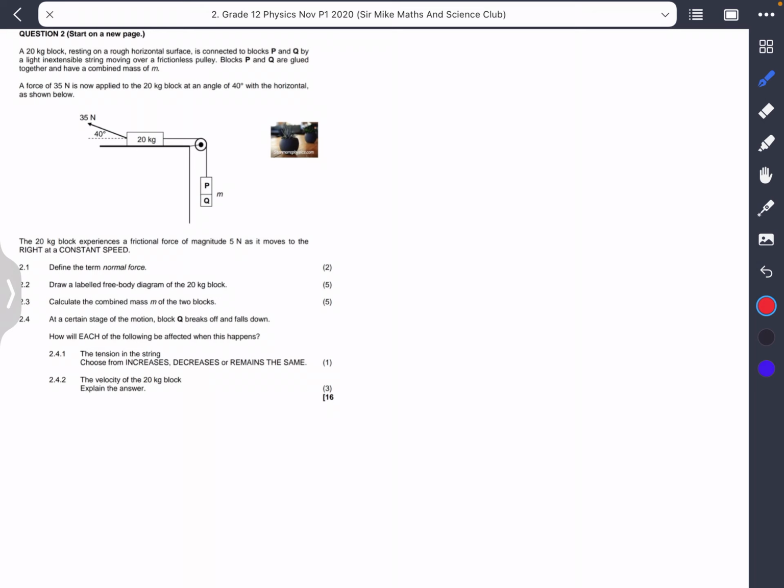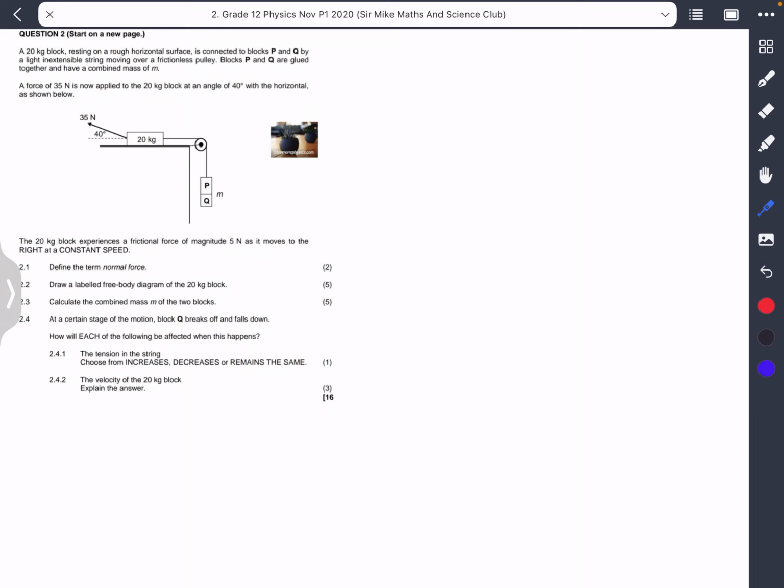So if we find the tension here to be, let's say, 20, then on the other side it would also be 20. If it's 30 here, it would also be 30.